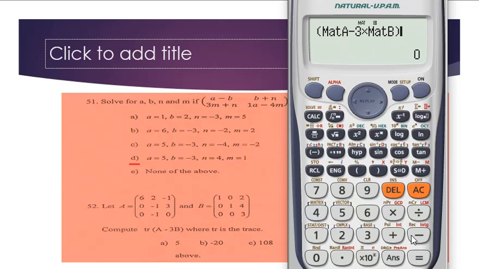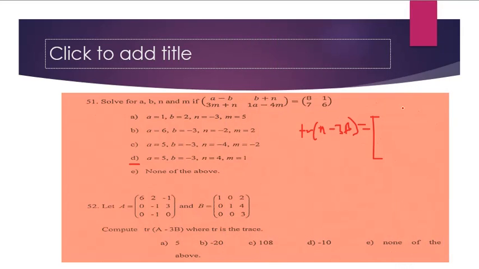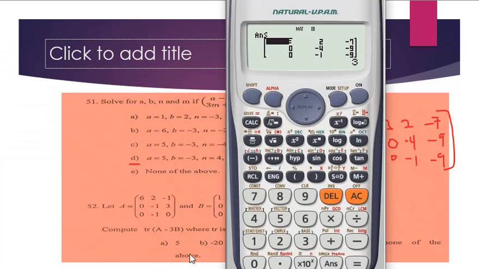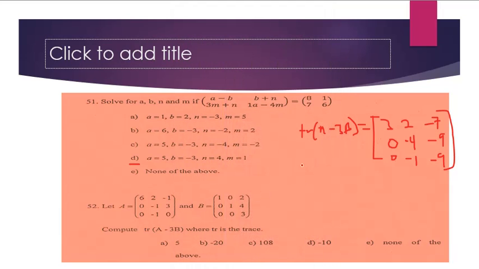You can notice that we have 3, 2 minus 7, 0 minus 4 minus 9, 0 minus 1 minus 9. Let's write that over here: 3, 2 minus 7, then 0 minus 4 minus 9, and then 0 minus 1 minus 9. Let's check. Yes, that's correct.